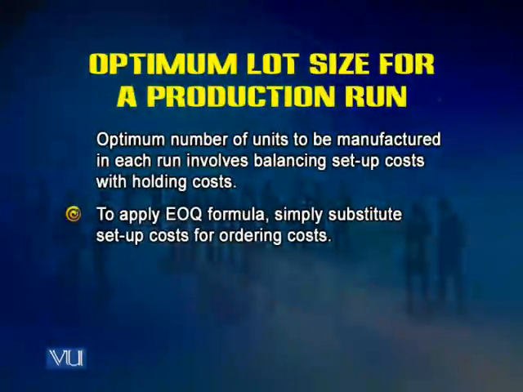To apply the EOQ formula, simply substitute setup costs for ordering costs. The formula for the economic order quantity will work the same for setup as it does for ordering. So in the formula, in the place of ordering cost, we are going to substitute the setup cost.